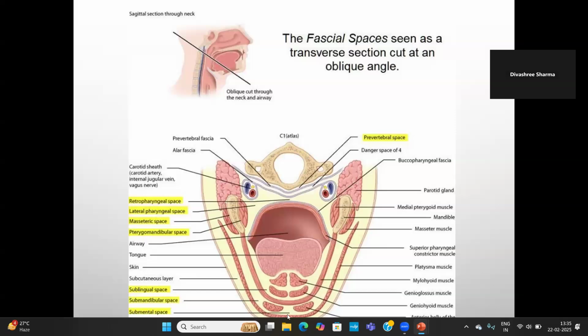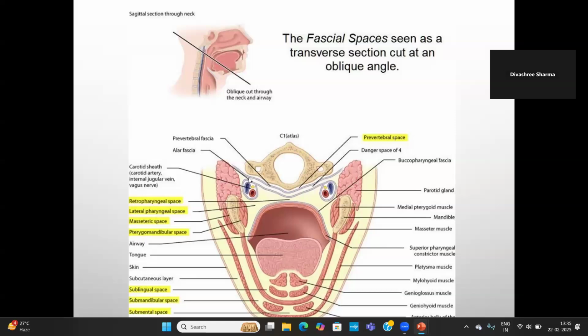Now, since we are discussing the lateral pharyngeal space, it is roughly located here. This is the lateral pharyngeal space. It is divided by the styloid process into two regions.